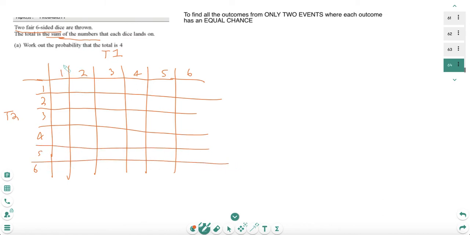So let's say I roll a 1 and then a 1. Now, to find the total we're gonna sum the numbers. So 1 plus 1 is 2. Let's say I roll a 2 and then a 1. So that's gonna be 3. So we're just gonna add the numbers. 4, 5, 6, 7. I'll change color actually. 3, 4, 5, 6, 7.